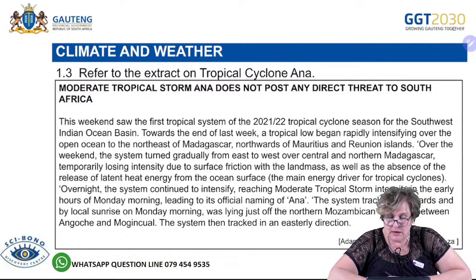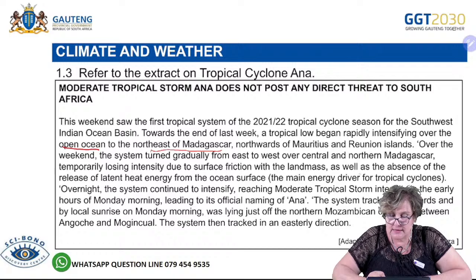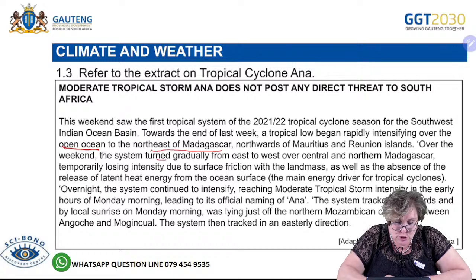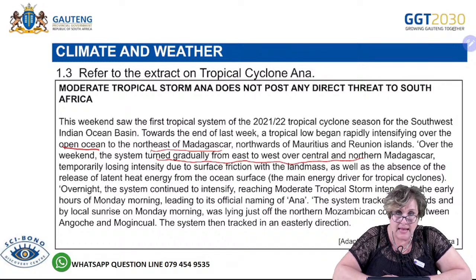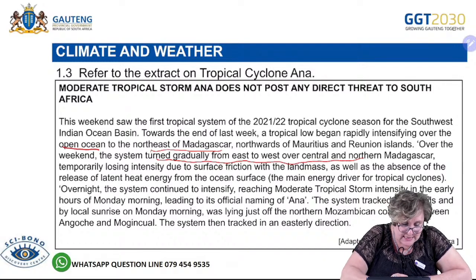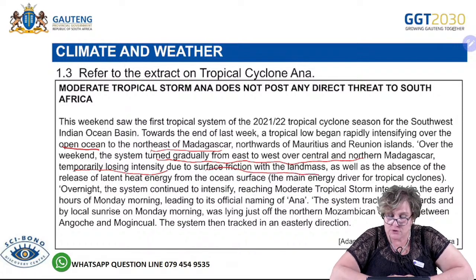Towards the end of last week, a tropical low began rapidly intensifying over the open ocean to the northeast of Madagascar, northwards of Mauritius and Reunion Islands. Over the weekend, the system turned gradually from east to west over central and northern Madagascar, temporarily losing intensity due to surface friction with the landmass, as well as the absence of the release of latent heat energy from the ocean surface, the main energy driver for tropical cyclones.